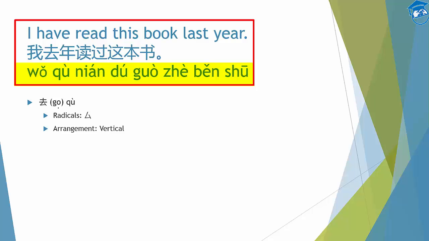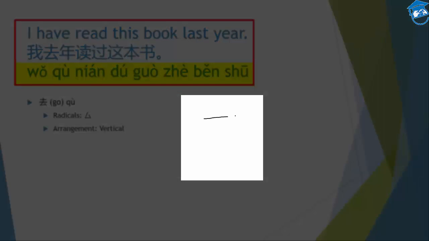So 去 also means go, but of course in this context, it's like last year. It has different meaning. Okay, this is the pinyin, and the radical is what's on the bottom, so the arrangement is vertical. So here's how to write 去. 1 2 3 4 5 去.